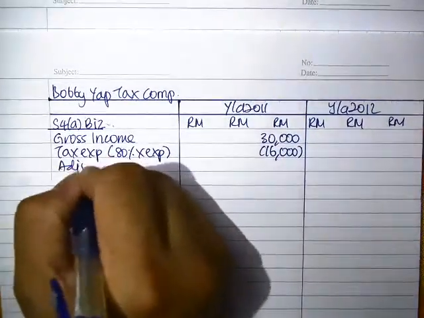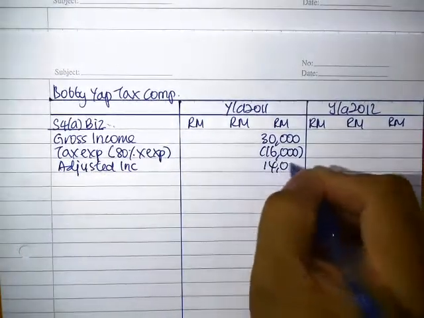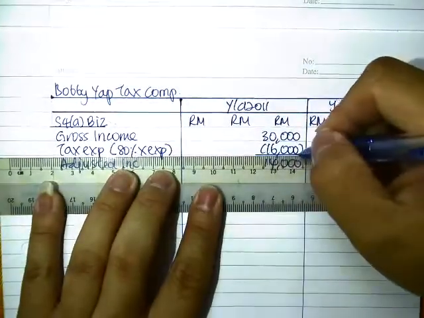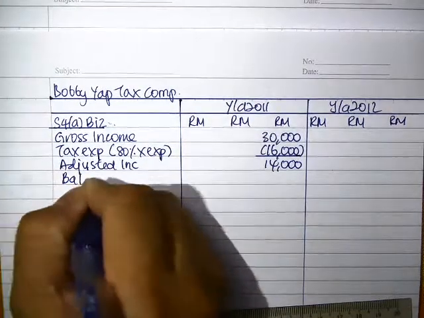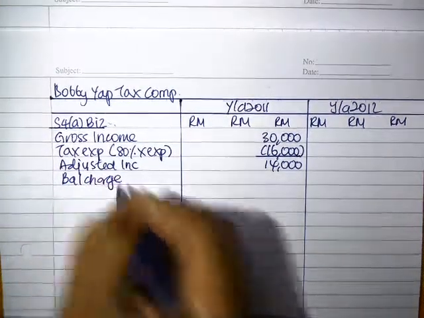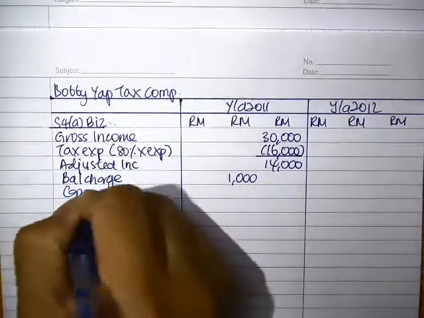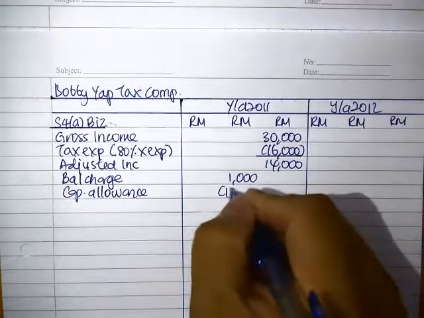This is my adjusted, 14. In the question they tell us the balancing charge is 1,000, and then the capital allowance is 18.